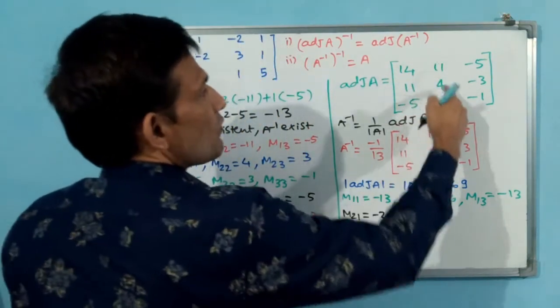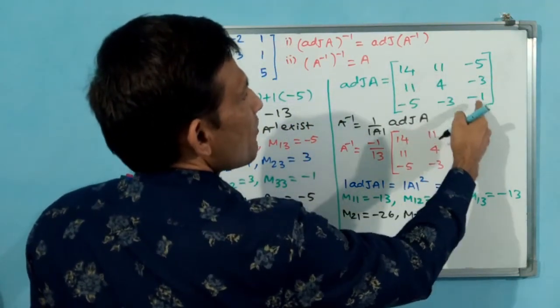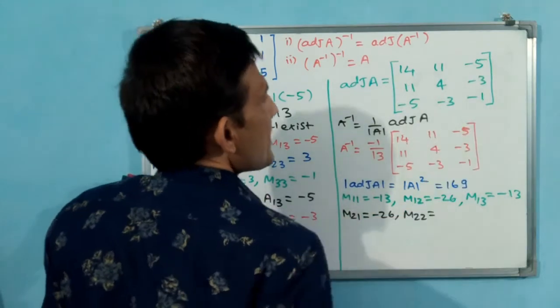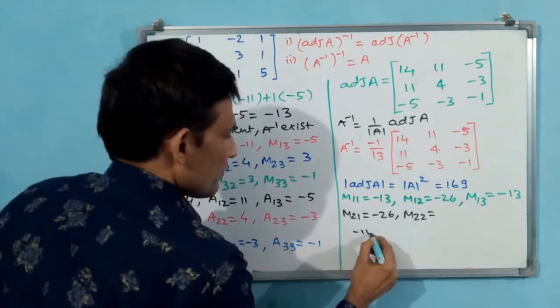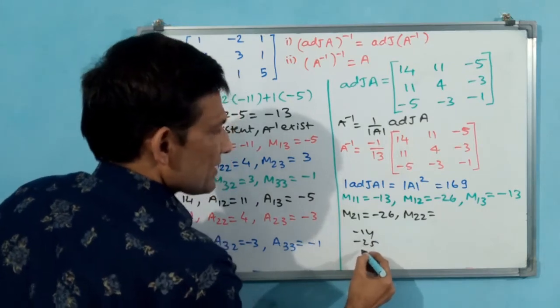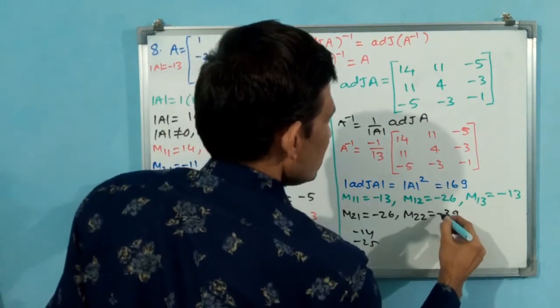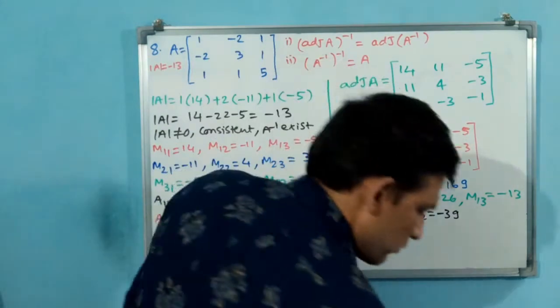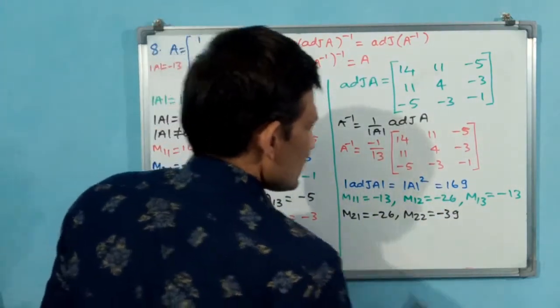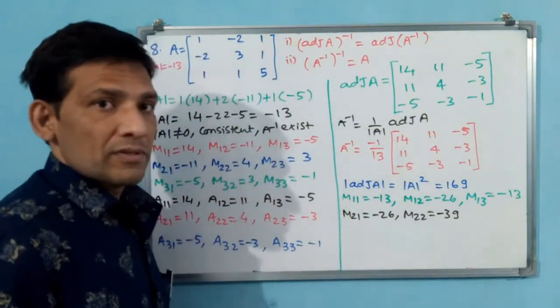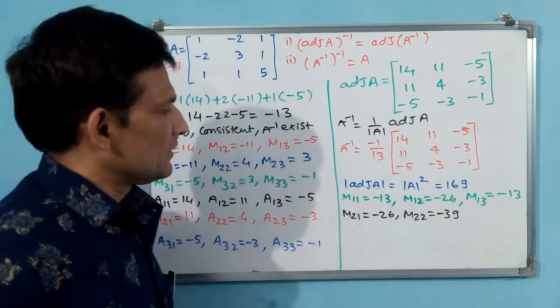M22. You are closing 4. If you close 4, -14, -25, that is -39. Okay, you see, multiples of 13 are going to come: 13, 26, 39, 65, like that will come. Keep that in our mind.